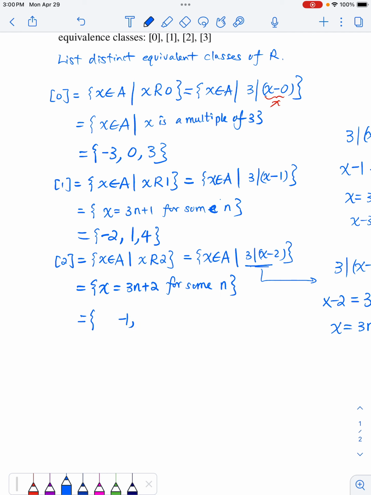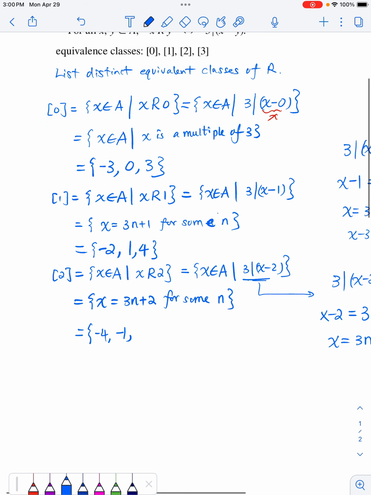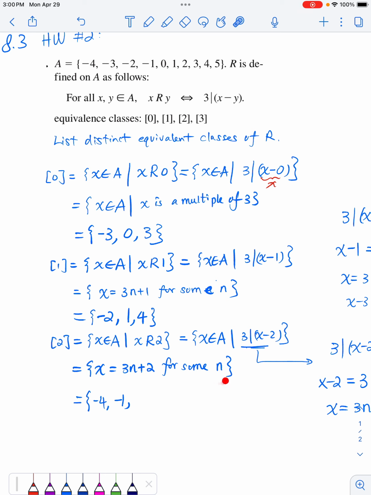So I know negative 1. Let's try negative 2. When n is negative 2, negative 2 times 3 is negative 6, negative 6 plus 2 is negative 4. I'm not going to try n being negative 3, because I see negative 4 is the smallest.